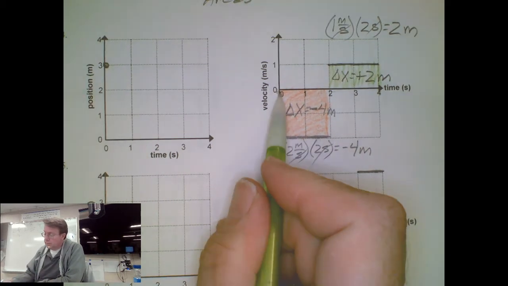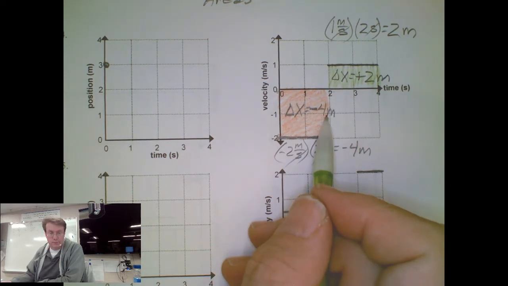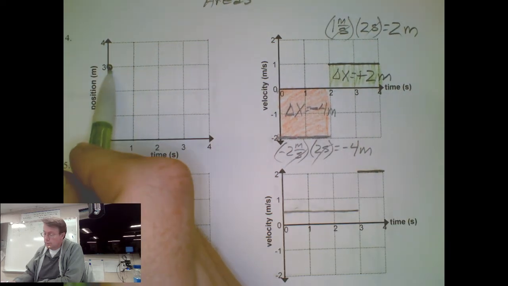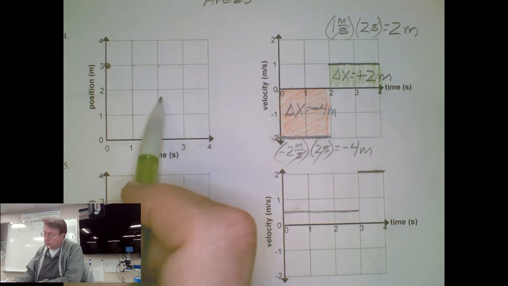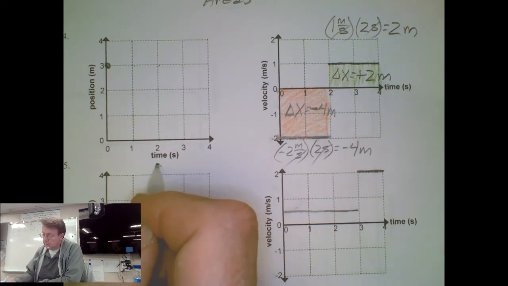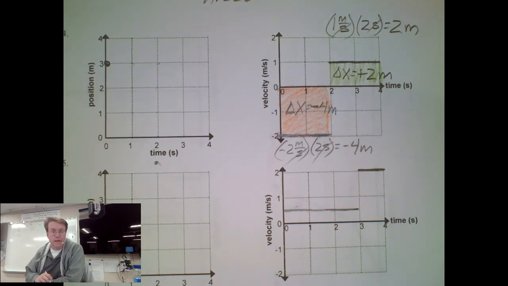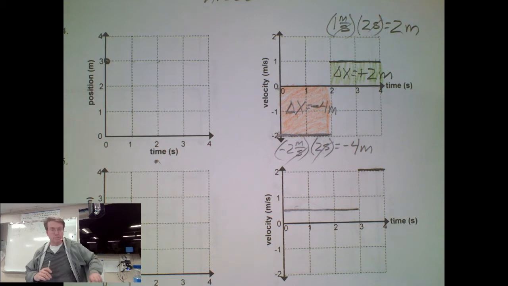Now in the course of 2 seconds, I have to go down 4 meters, which would put me underneath the position axis, which is fine. Now I'll connect the dots.